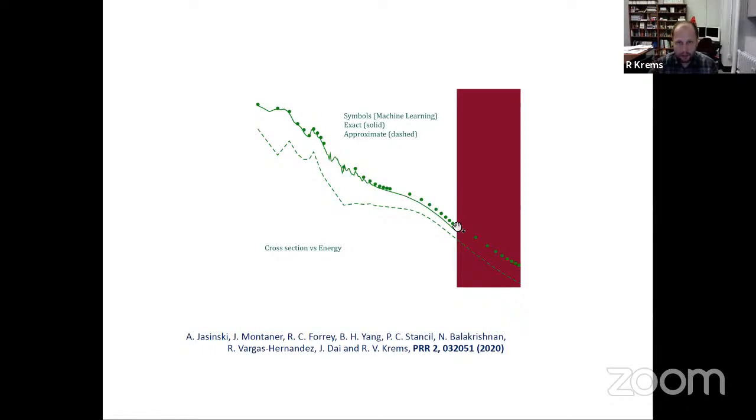You can see two things here. One is that the model works very well. And two is that it also extrapolates quite well beyond the energy range where you have the training data. You can see that here in the shaded region, where we don't have any training data for the exact results.